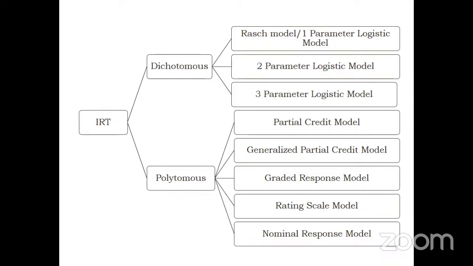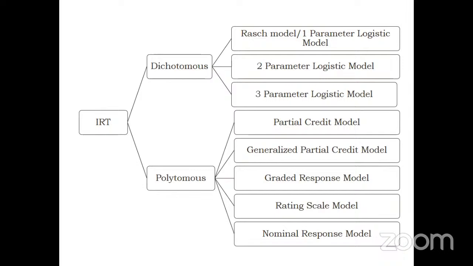And for the same data set, you will see that both these models give you exactly the same output. So the Rasch model or the one parameter logistic model, you have the 2 parameter logistic model, which considers 2 different parameters, and the 3 parameter logistic model, which considers all 3 parameters. We will discuss these in detail.